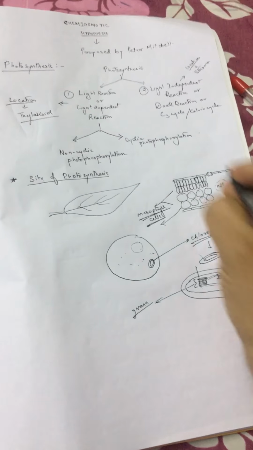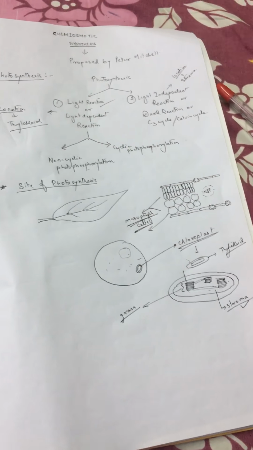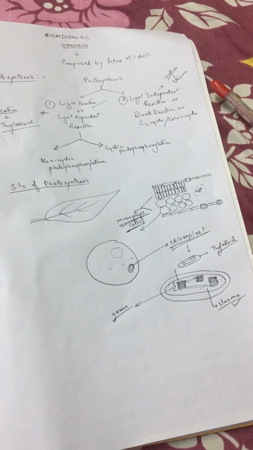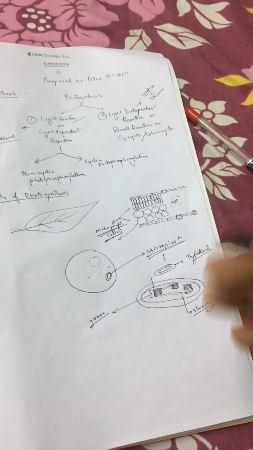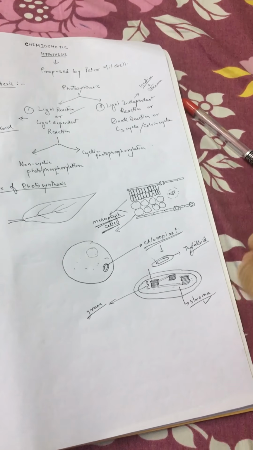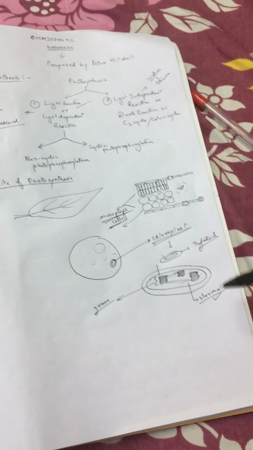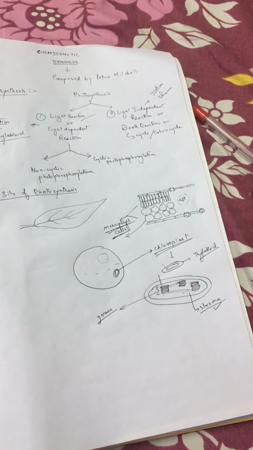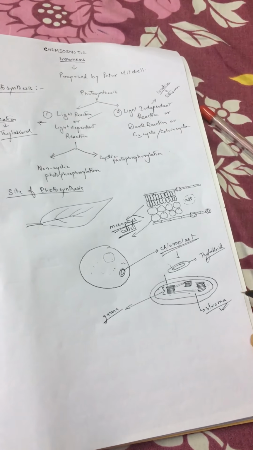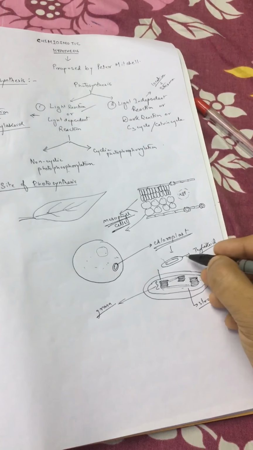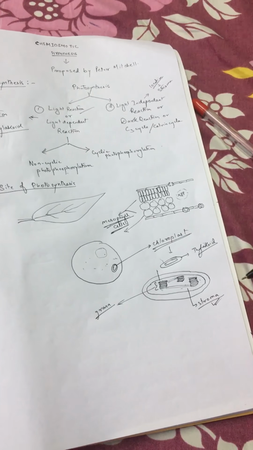In the thylakoid, the light dependent reaction, or the light reaction, will be taking place, right? First of all, I'm explaining the basics of photosynthesis, otherwise you will not get to know about the chemiosmotic hypothesis. So this is about the basics. Now probably you know that in the stroma the dark reaction will be taking place, and in the thylakoids the light reaction will be taking place, right?